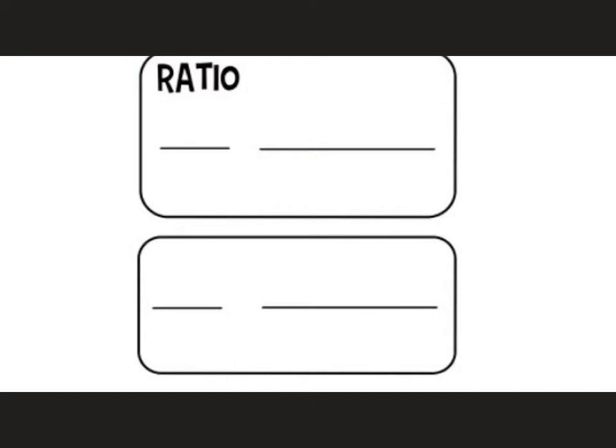So I already brought up the ratio. Remember, when we have a ratio, this can be m equals. So it's our slope. M is our slope. And we're talking about that change in the dependent over the change in the independent.